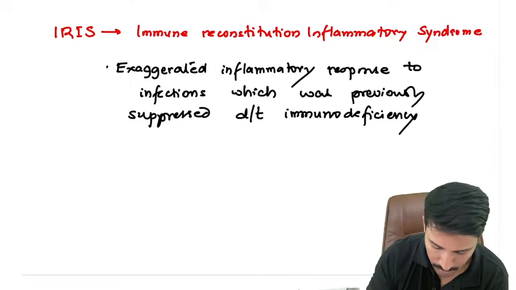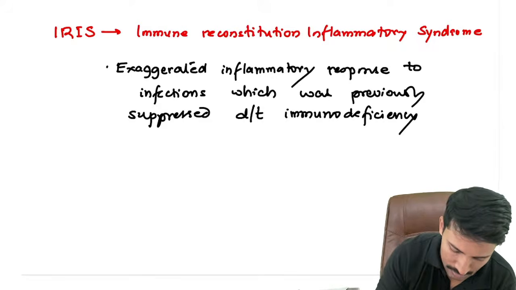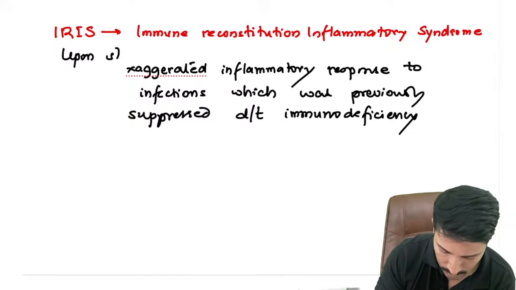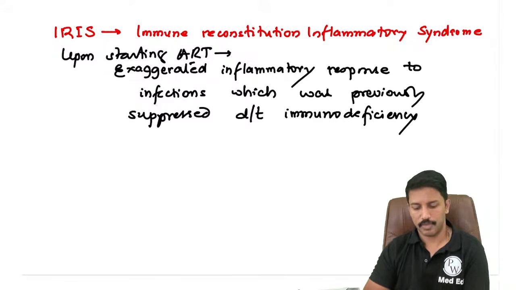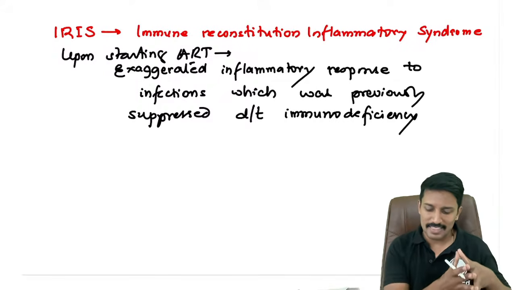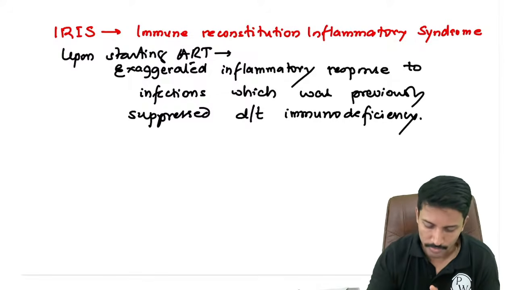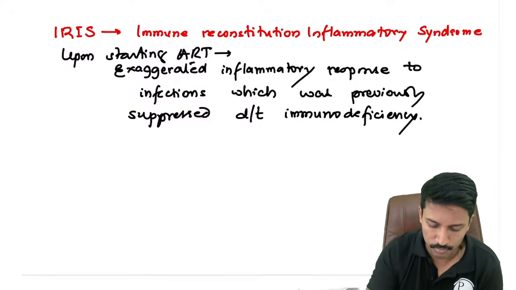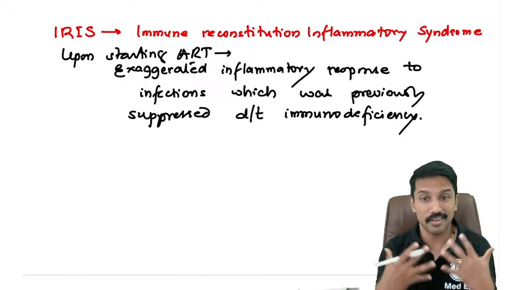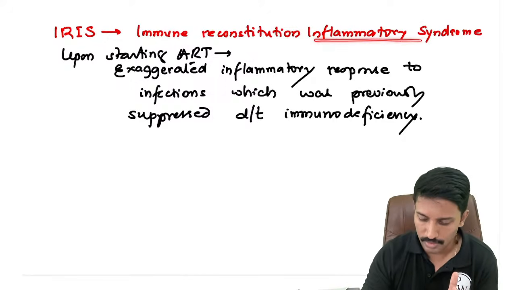And when is this happening? This is happening upon starting ART. So upon starting ART, patients will have an exaggerated inflammatory response to infections which was previously suppressed due to immunodeficiency. We will call it IRIS. Immune reconstitution inflammatory syndrome means the immune system got reconstituted, now it is strong, it is giving an inflammatory response.